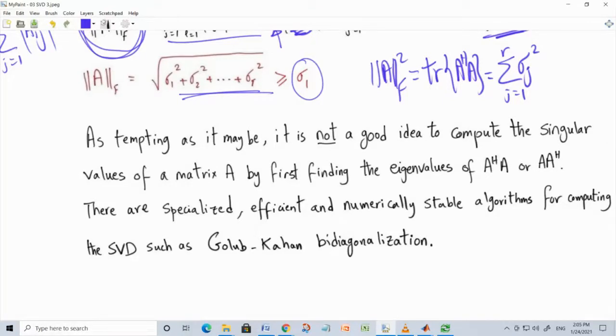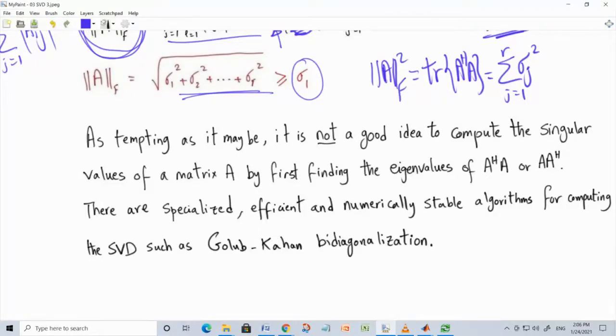If you do your computations on a computer with finite precision, and all computers have finite precision, you will get garbage results, especially if the dimension of A is large. Of course, in a homework problem, if I tell you to obtain the singular values, you follow this. You can do what I did in the derivation.